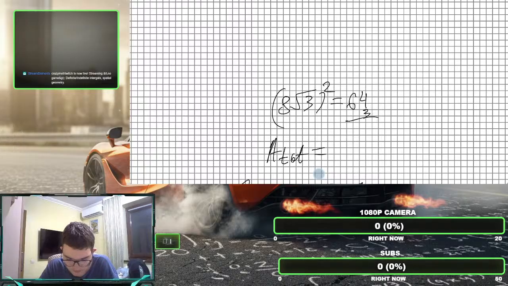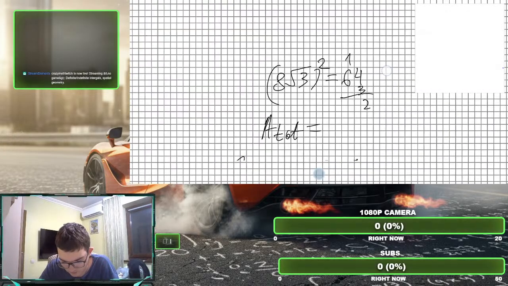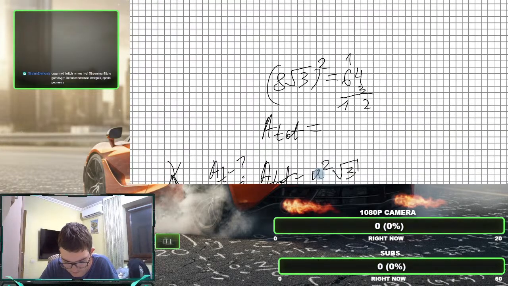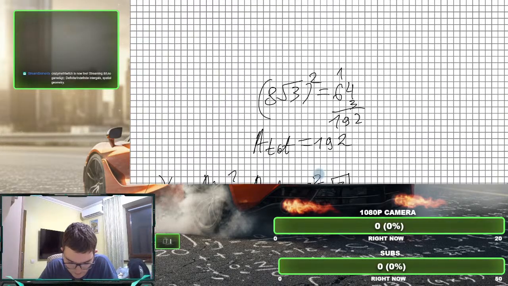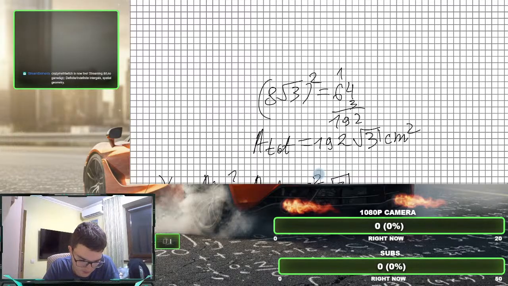And that's there 12. Here 72. Not 72, 19. And it's this times square root of 3. That's about right.